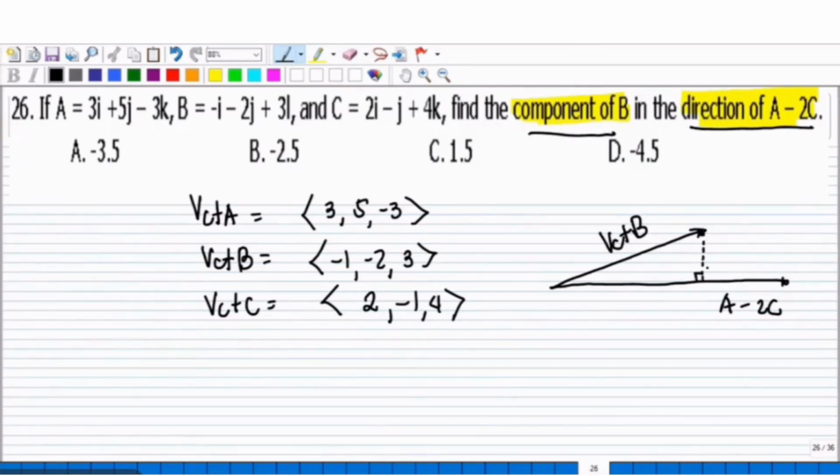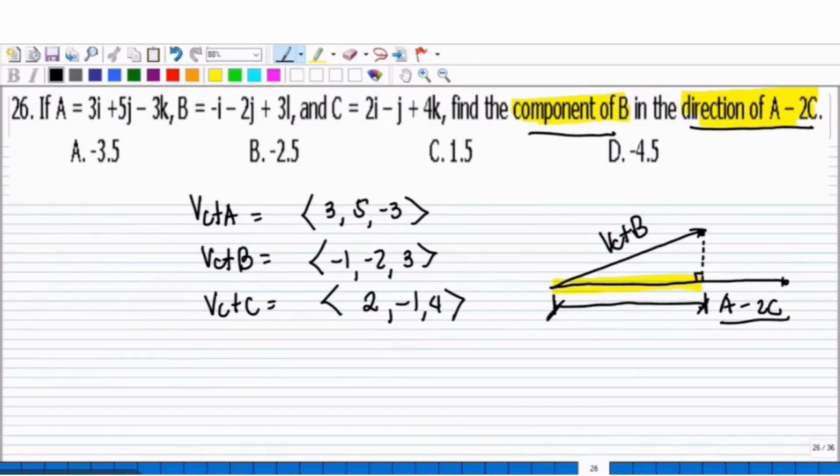Okay, so ito po yung projection. So, scalar projection lang po kasi we are going to find only just the component or the magnitude of this, or yung tinatawag natin length, okay? But however, kunin muna natin tong si A minus 2C.